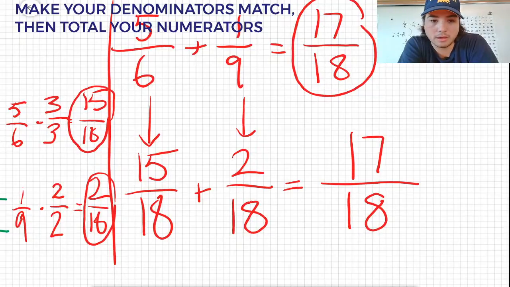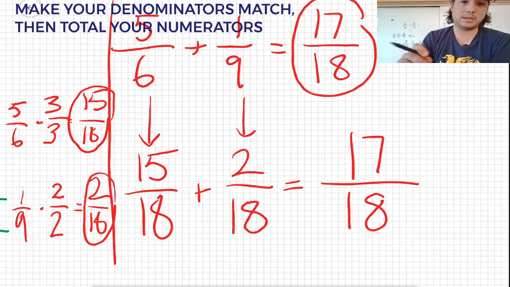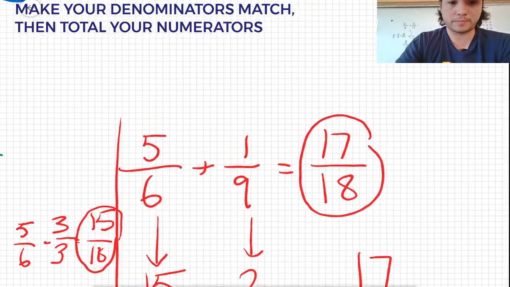Okay, a couple people have asked me, can't you just multiply fractions by each other's denominator in order to make equivalent fractions? And you can. I can demonstrate it with this one, but I do want to show you why we're going for the least common denominator.